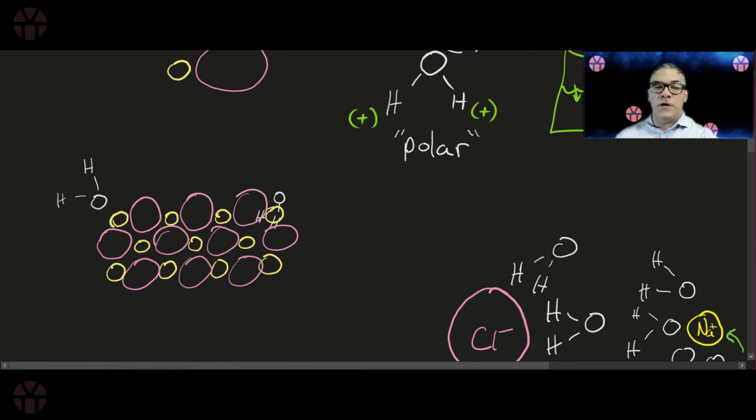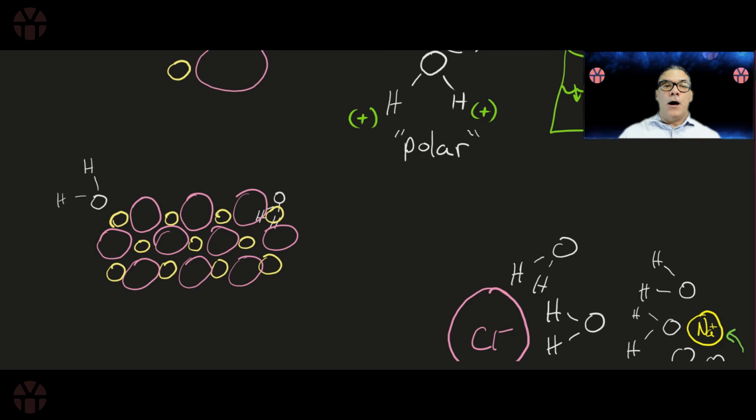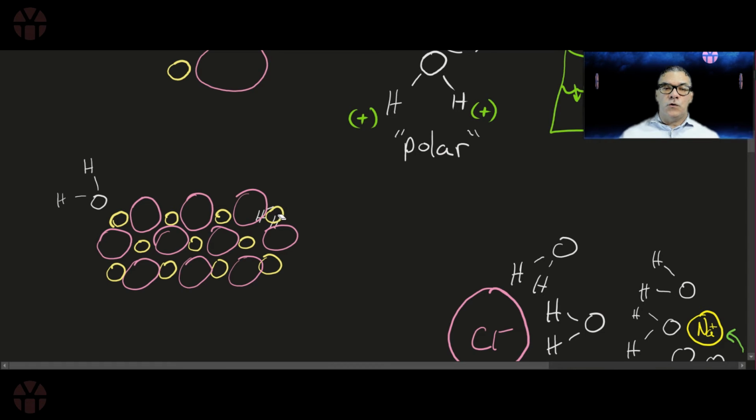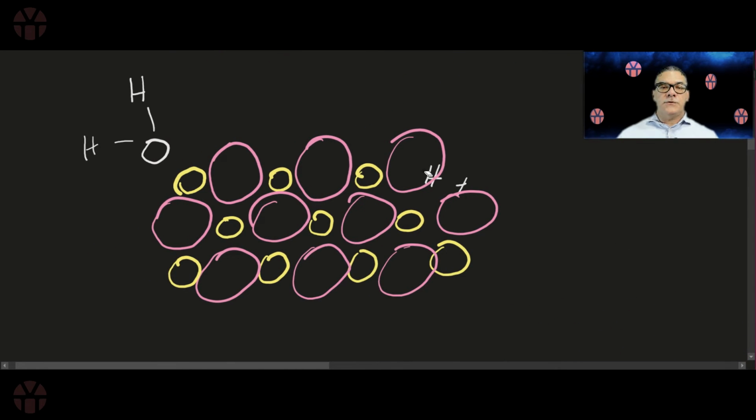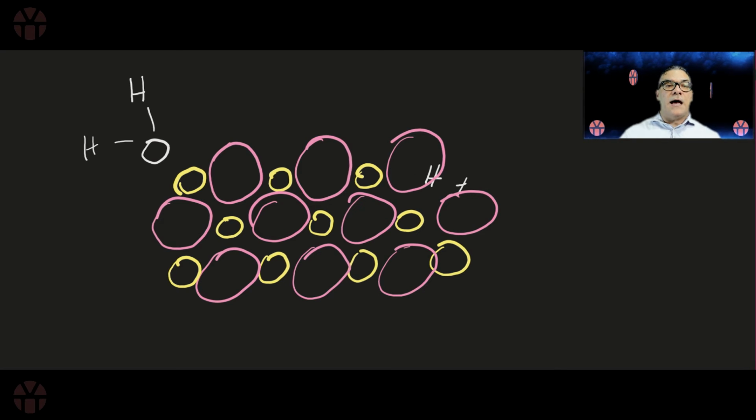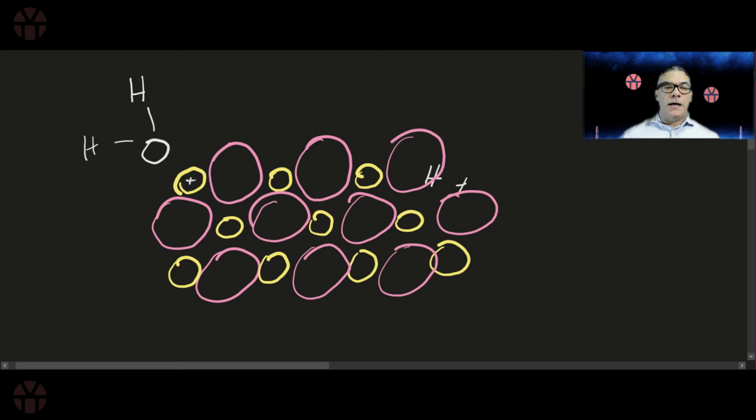Well, let's now create, over here on my left-hand side, a grouping of sodium chloride molecules. What you'll notice is that all of them are set up in such a way that, if you look closely, let me make this a little bigger so we can see, we have a positive, this is my sodium ion, and then a negative, this is my chloride ion, and then positive and negative, positive and negative.